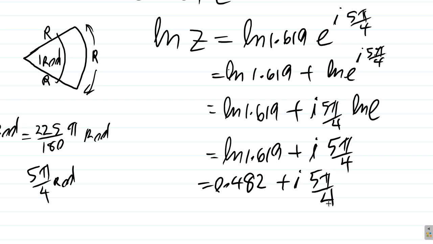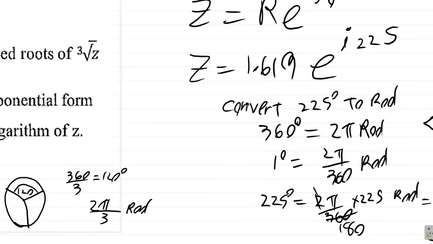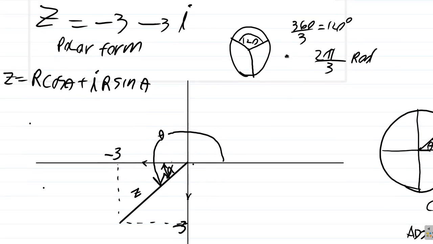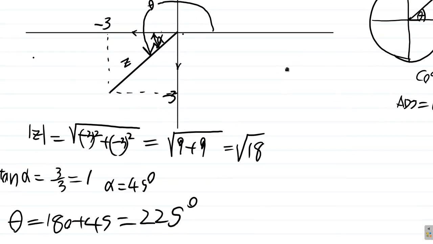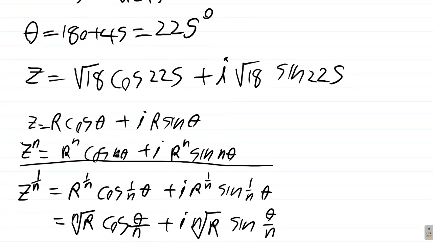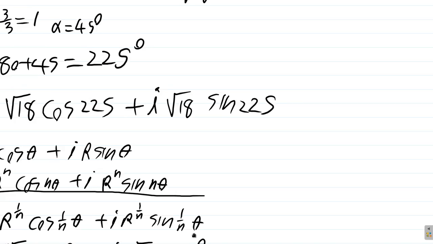Oh, by the way, hold on there. Let's see something here. The original thing was what? Oh, square root of 18. I was using the 1 point something. This was the square root of 18, and then we took the cube root to get the 1.619.